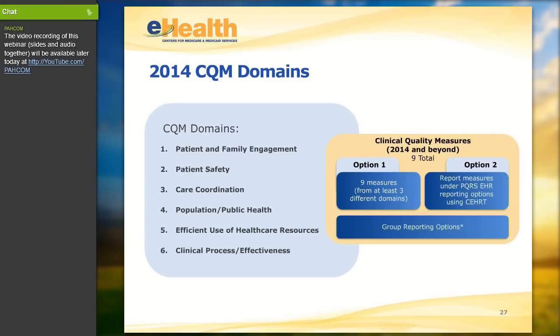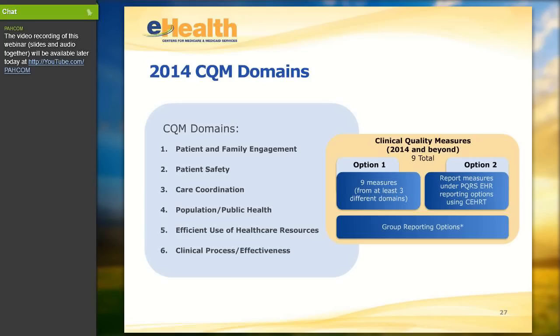So one of the requirements that we've put around clinical quality measure reporting beginning in 2014 is that clinical quality measures from at least 3 of these different domains are represented as part of the 9 you select. If you select the 9 recommended set of clinical quality measures, whether the one for adults or the one for pediatrics for children, those domains are represented within those.